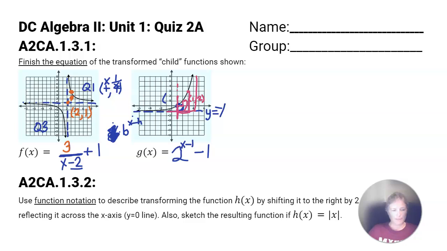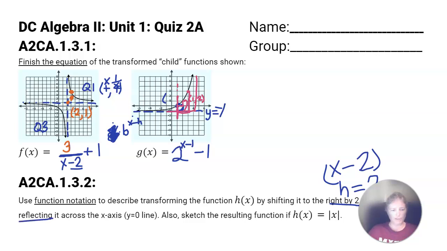Now at the bottom here it says use function notation to describe transforming the function h of x by shifting it to the right by 2 units. So now I'm going to say my h is 2. Going to the right is a positive 2, meaning I'm going to be seeing an x minus 2 somewhere in my function. And reflecting it across the x-axis.